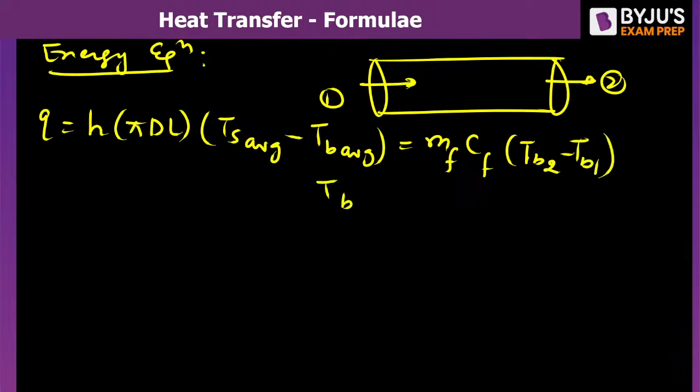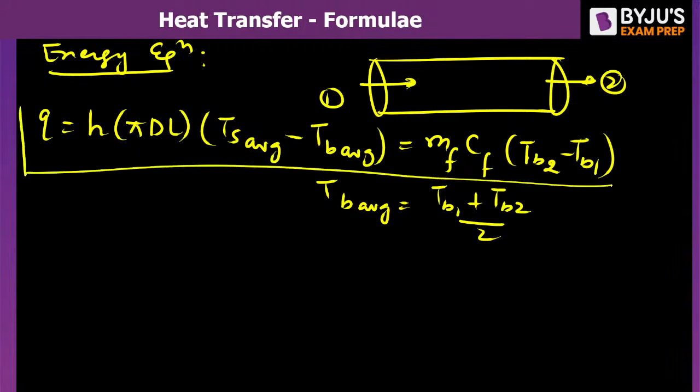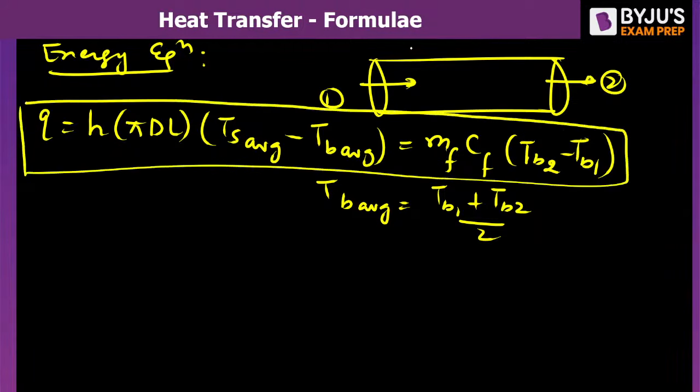So Tb average will be equal to (Tb1 plus Tb2) by 2. That is the energy conservation equation. The rate of heat transfer is equal to the increase in internal energy, right?